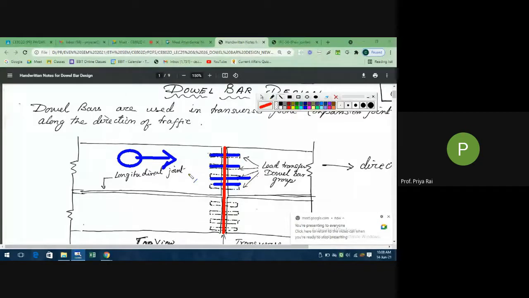Now tell me, what are these reinforcements which are placed in the longitudinal joint? This is the longitudinal joint, and they are placed in this joint.